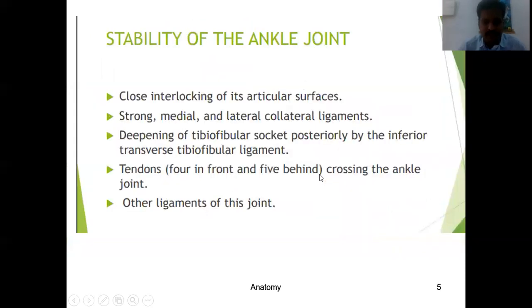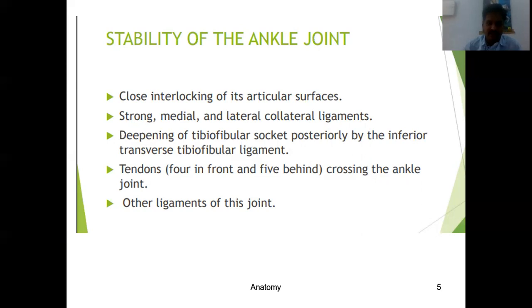The stability of the ankle joint, as I told already, is high. That is because of the close interlocking of its articular surfaces, with the help of the mortise and the strong medial and lateral collateral ligaments. The deepening of the tibiofibular socket, the mortise, posteriorly by the inferior transverse tibiofibular ligament is also a reason for the stability of the ankle joint.